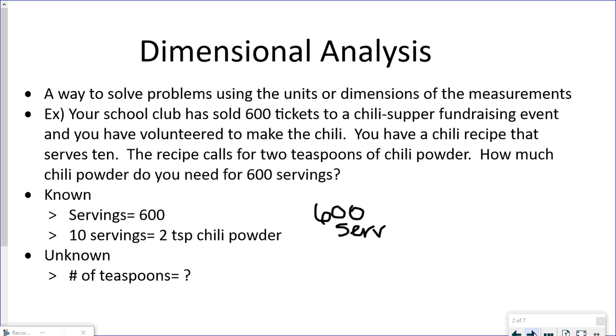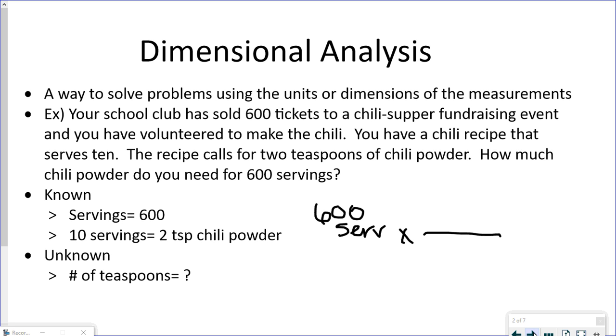And since we're looking for the amount of chili powder, you're going to set this up as a series of fractions. We call them railroad tracks. So it's just a series of fractions that are separated by lines. So I'll write it both ways. Either way, we're starting with 600 servings.